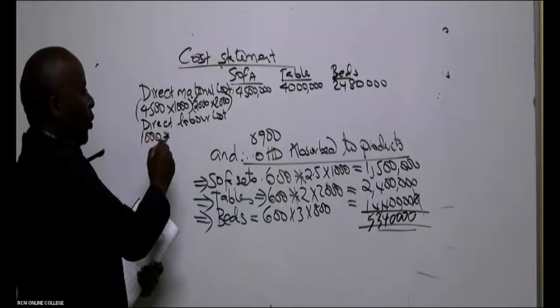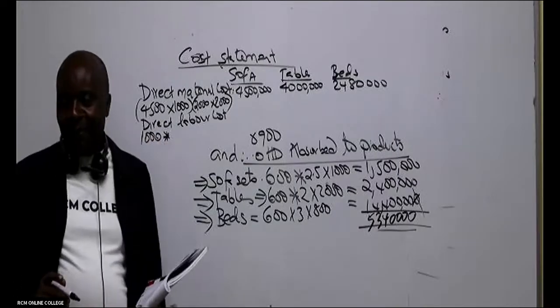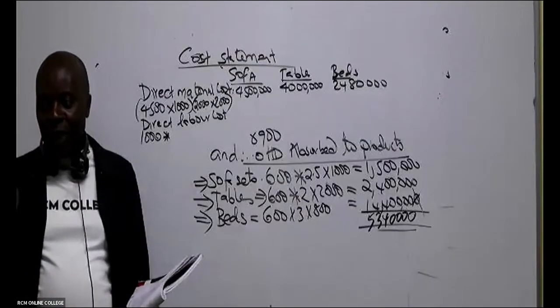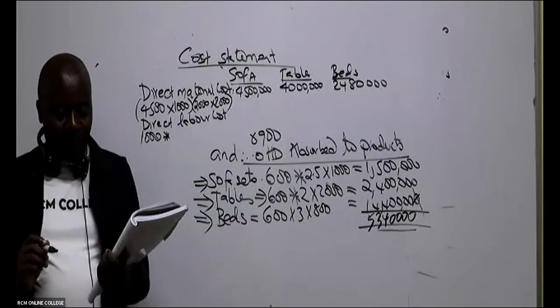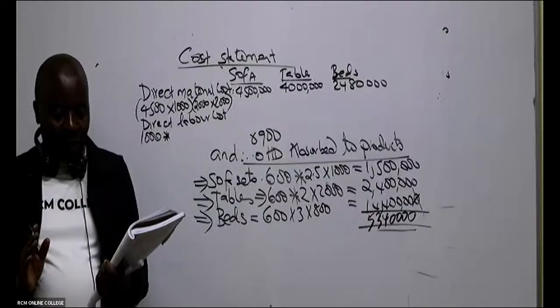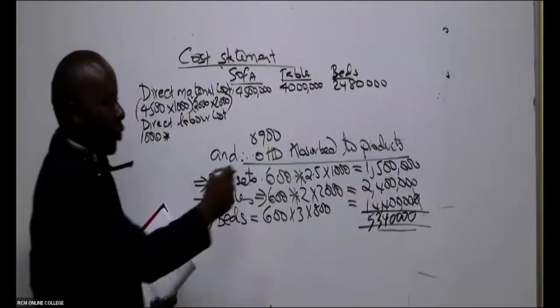And how many hours do we need for the sofas? Anybody who is able to give me the total number of hours we need for the sofas? Already we have them somewhere.